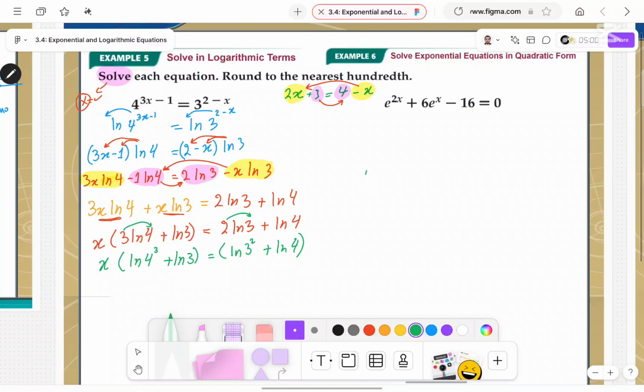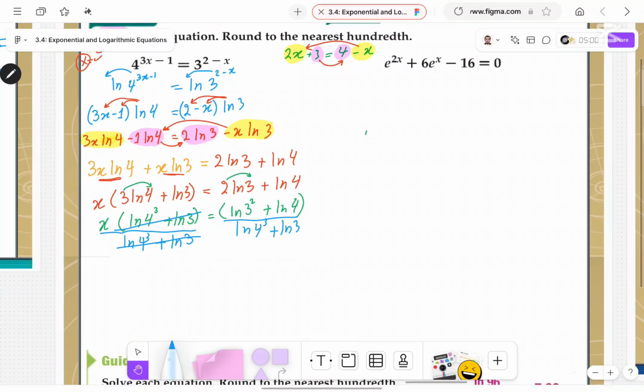Now I need to find the x, so I have to divide both sides by ln 4 to the power of 3 plus ln 3. We do the same thing on the other side, ln 4 to the power of 3 plus ln 3. So we can cancel these two together.